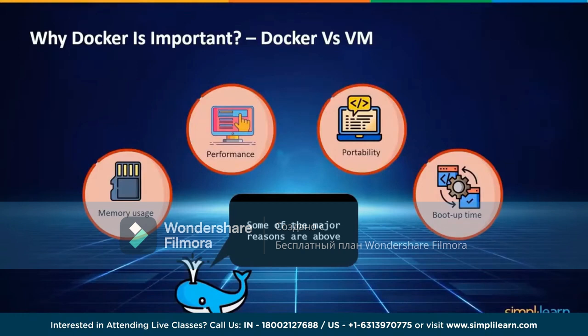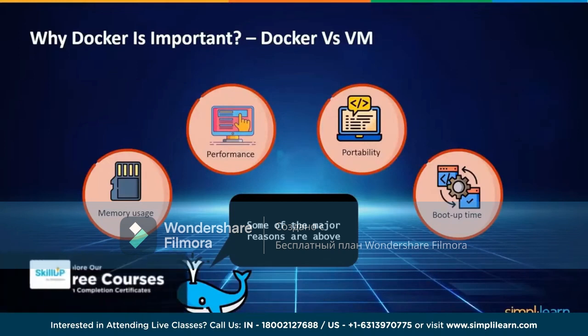Second one, performance. If you have less utilization, the performance will be better, but if you are taking up more resources, you will not be able to deliver that amount of performance. Then we have portability. In case of Docker, it's quite portable as compared to the virtual machine.